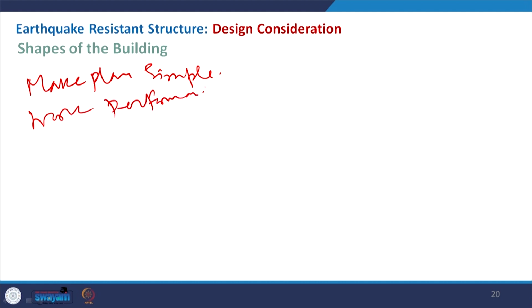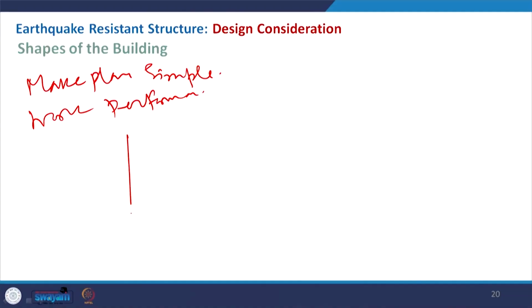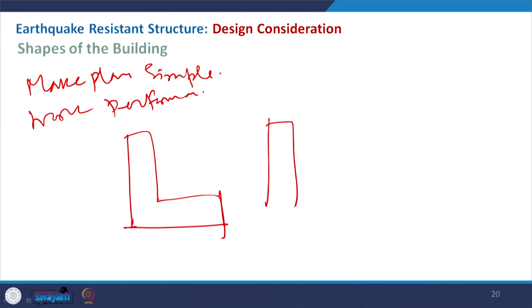Now, sometimes it is not possible to go with the basic shape and we have to design something like this, like many school buildings and hostel buildings. So, it is advisable that you make this building as two buildings, and then you create expansion joints.